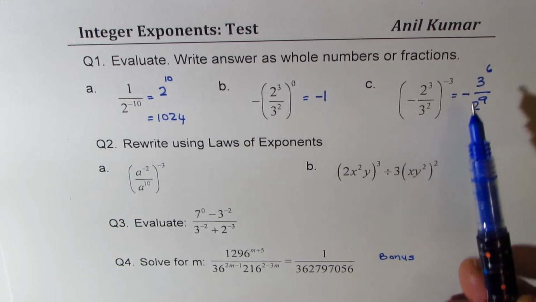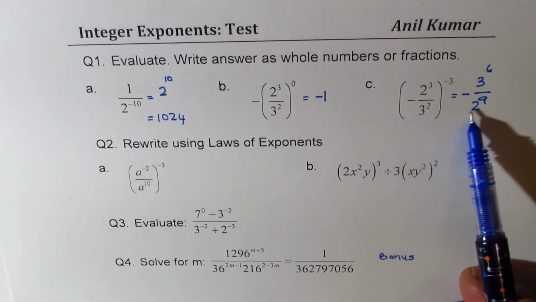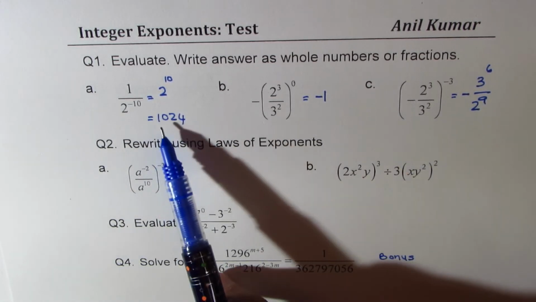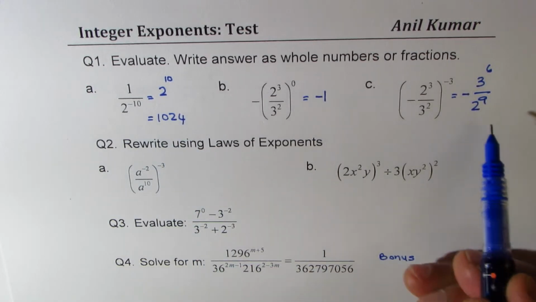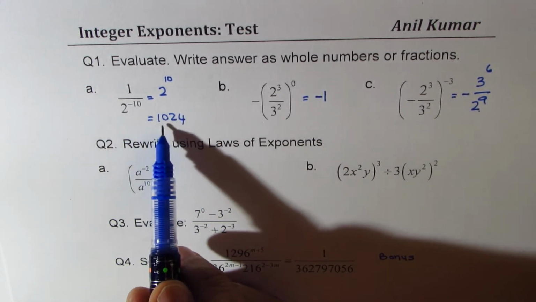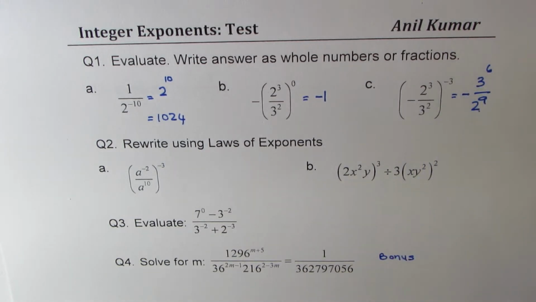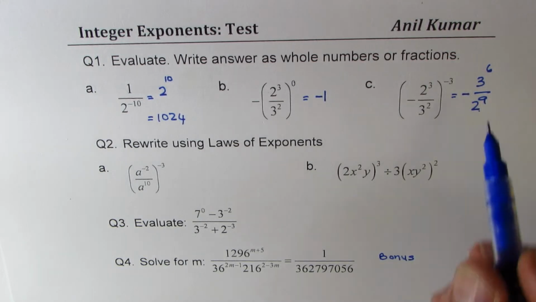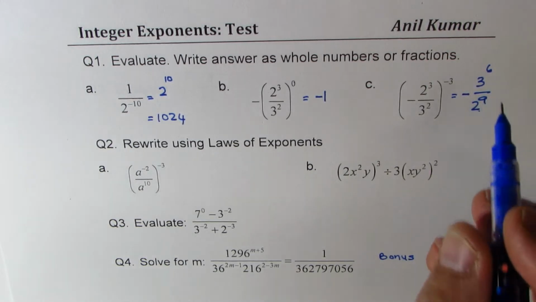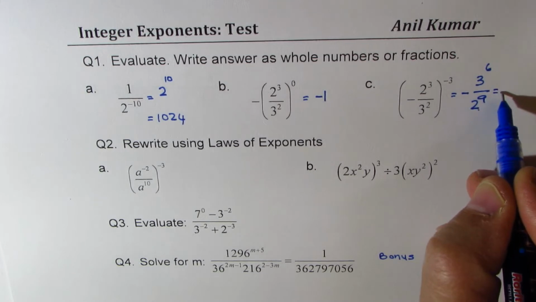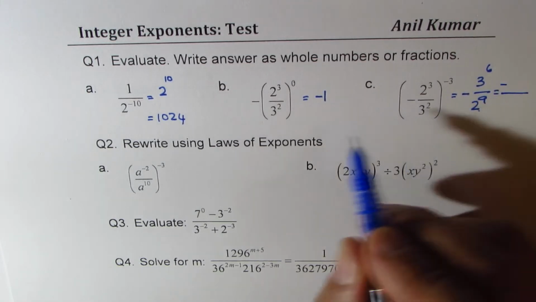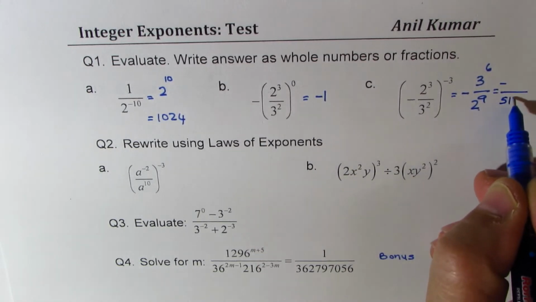Now you can calculate the values, which I am not calculating. 2 to the power of 9 means half of this, right? So that is 512. Do you see that? 512. And 3 to the power of 6 means 9 times 9 times 9. Correct? So what you get here is basically equal to negative 512.